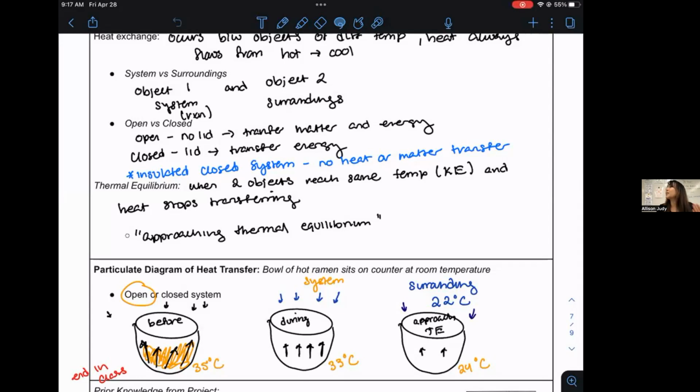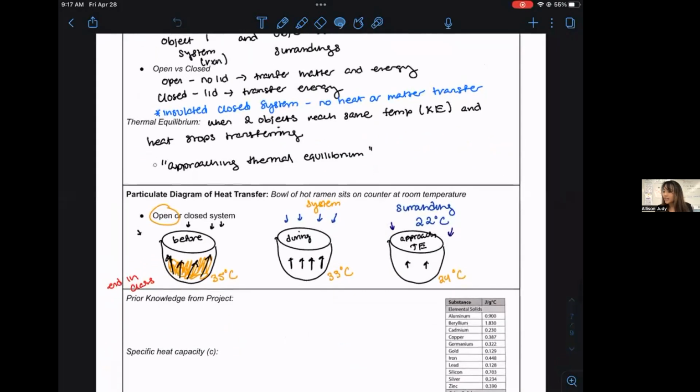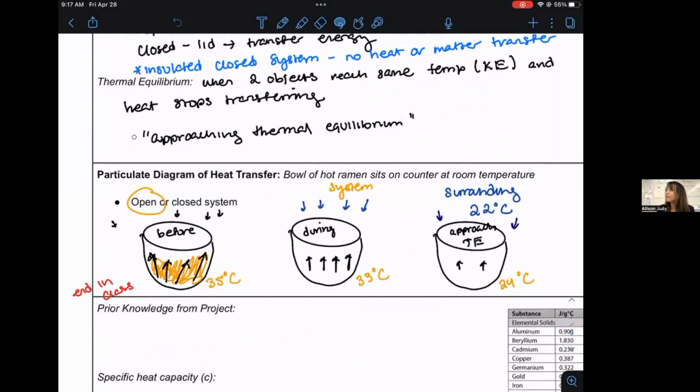What that really means is the particles have the same average kinetic energy, because temperature is a measure of kinetic energy. Okay. And then we also analyzed how we might draw this out in a particulate diagram via arrows. Since we're talking about energies, we're not talking as much about particles now. We're taking an energy focus.